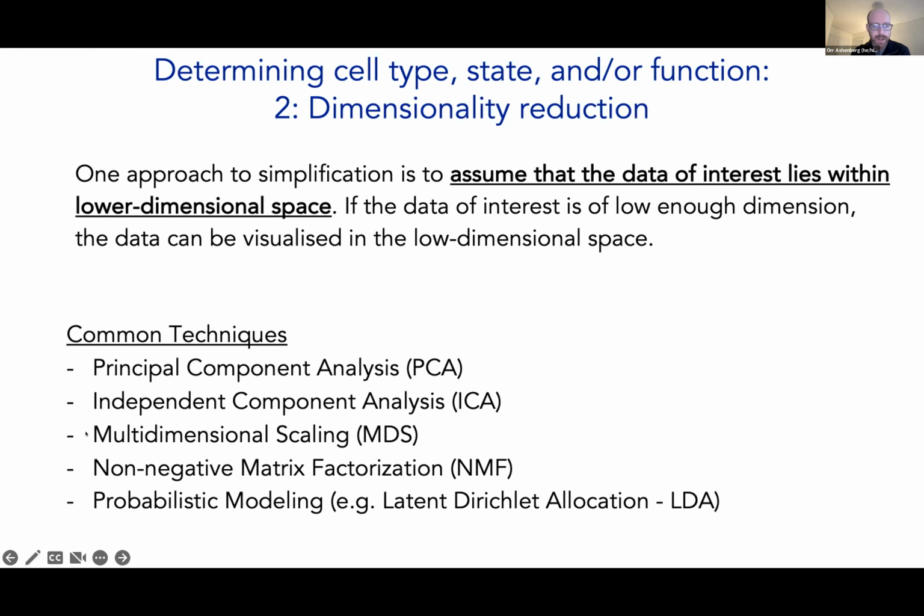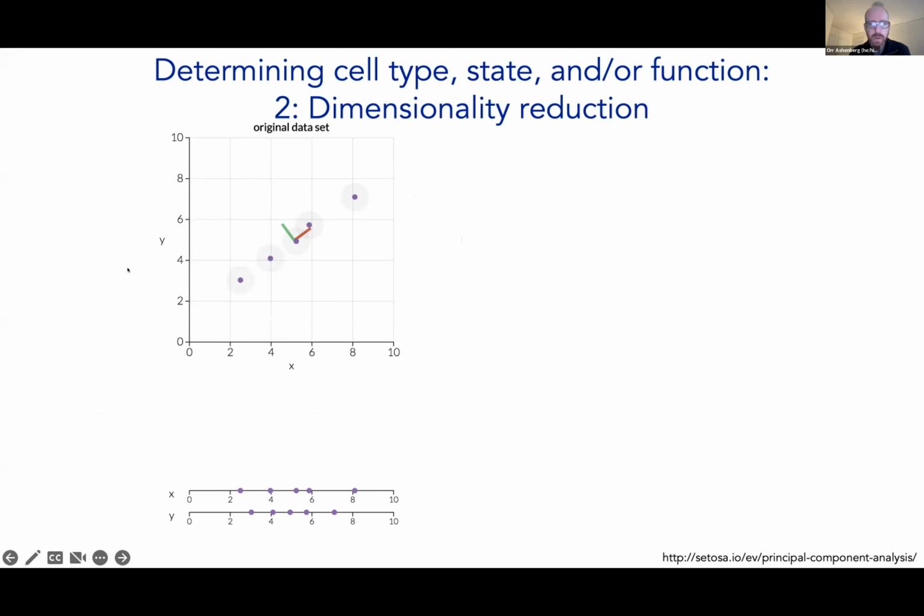Okay, so how does PCA work? Let's take a really simple example where instead of having our data in 20,000 dimensions, it's just going to be in 2 dimensions. So here are cells 1, 2, 3, 4, 5 that you've measured gene X and gene Y. And what you can see immediately is that when gene X is high, gene Y is high, and when gene X is low, gene Y is low.